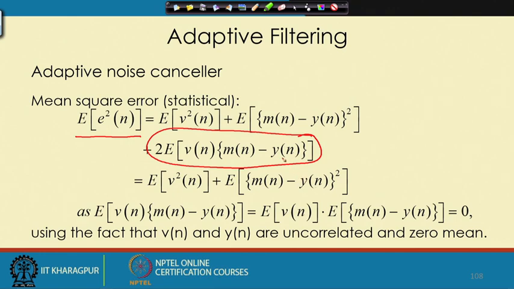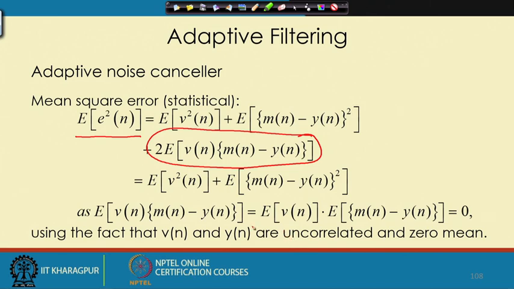So, the cross term goes to 0, and what we need is actually the uncorrelatedness of the signal and the noise. Please note that there is no more demand on the signal; we do not even ask for the stationarity of the signal.